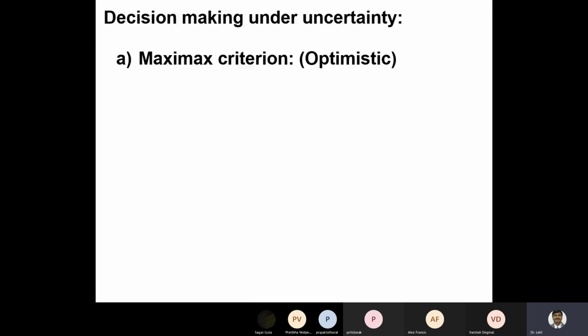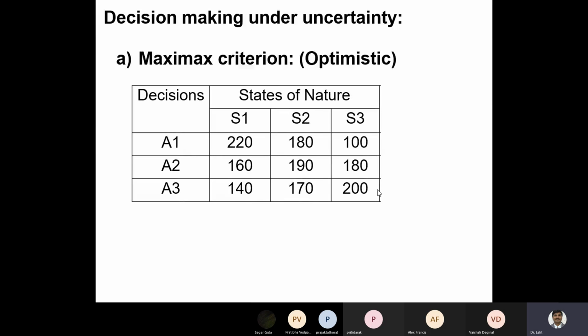Why is this called an optimistic approach? Because here the decision maker is very much optimistic about the states of nature. He believes that no matter what decision he takes, he will always get the best possible outcome or best support from nature.